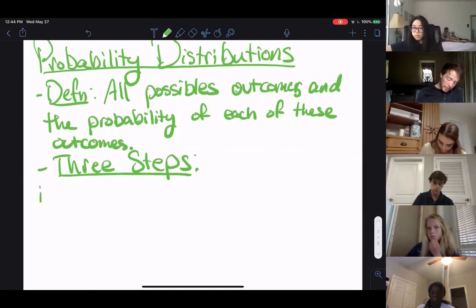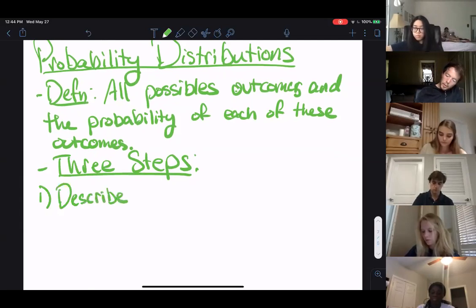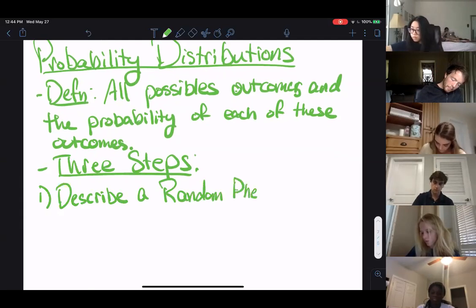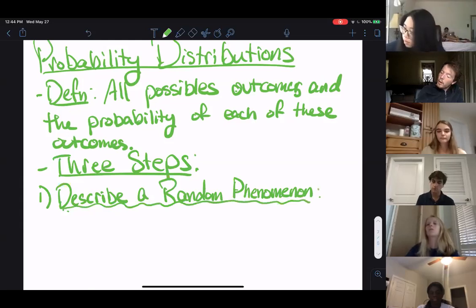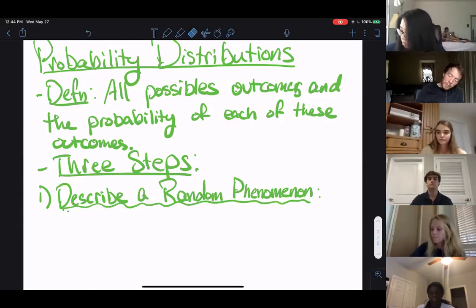First step is pretty straightforward. Describe a random phenomenon. I'm going to show you how to do this with an example. I am going to use the example of tossing a fair coin.